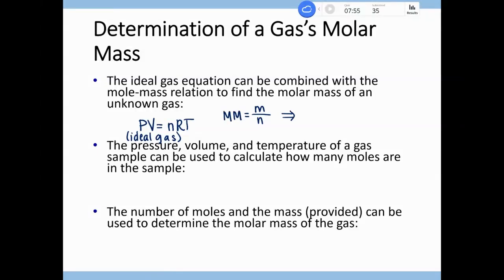So we rearrange this equation for it to be helpful to us in this scenario. We will have moles, n, is equal to mass divided by molar mass. And this is the mole mass relation.